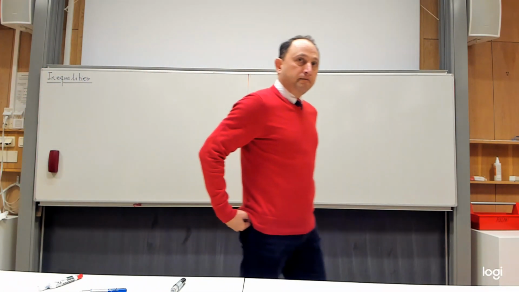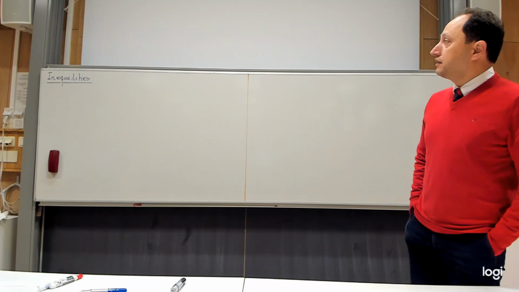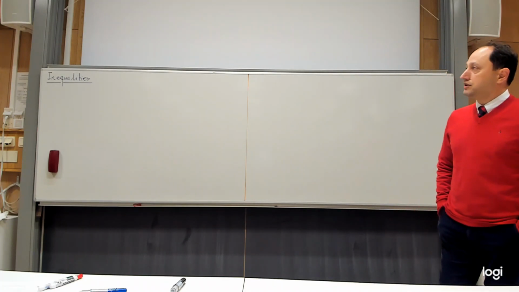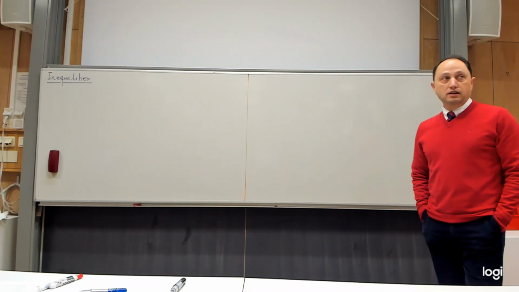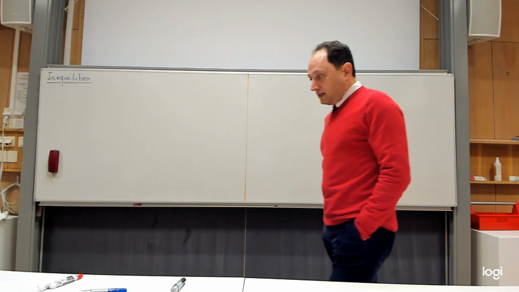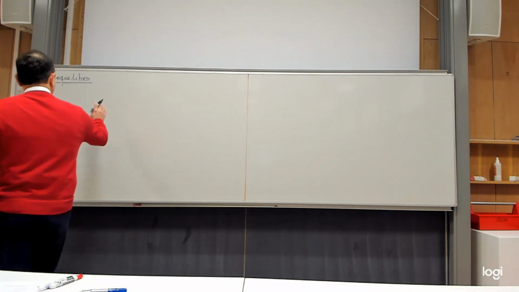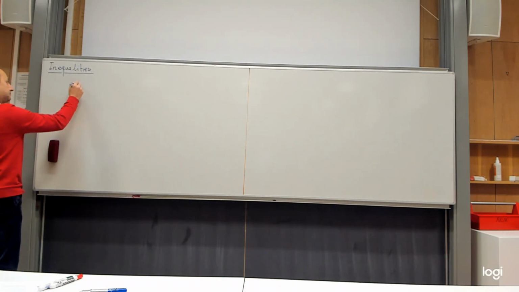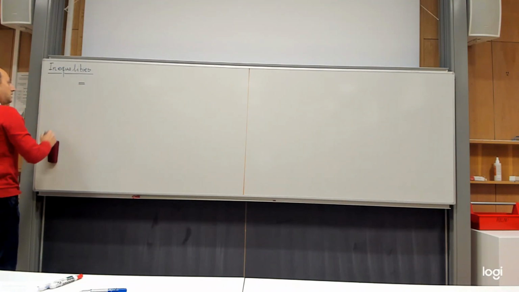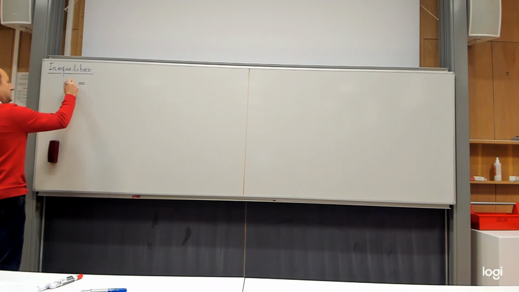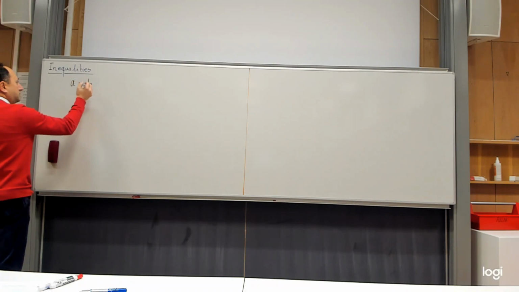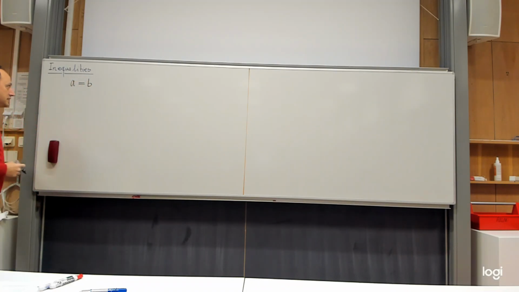Okay, good morning. So today we also want to talk about a new topic, under the title of Inequalities. You know that this is the equality sign in mathematics, and when we say that the number A is equal to B, it means that the values are the same.